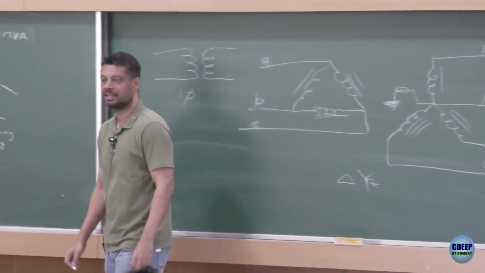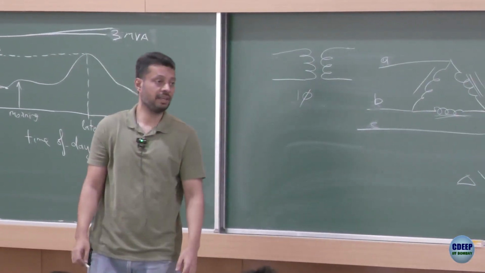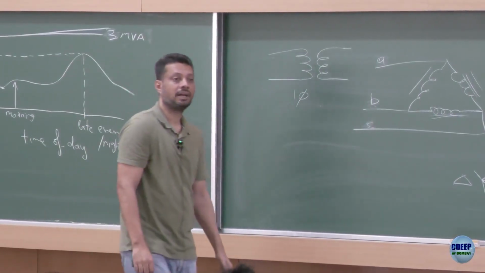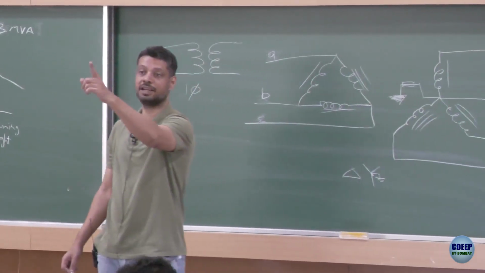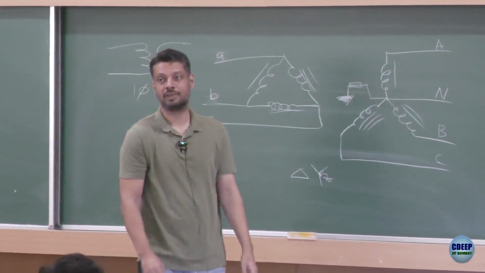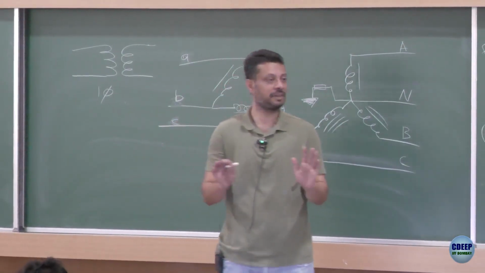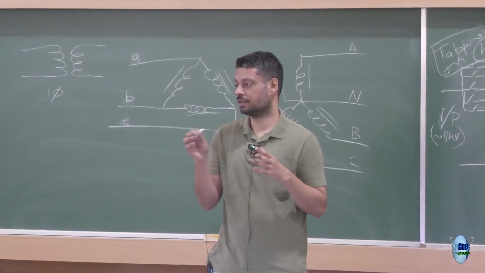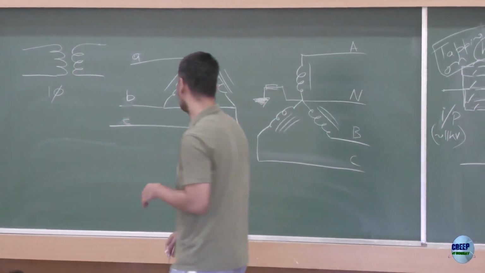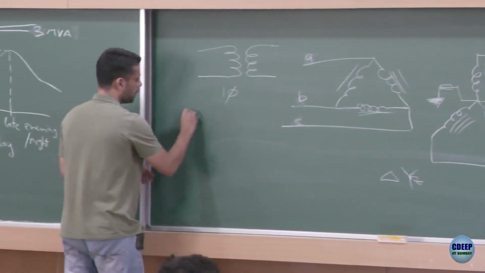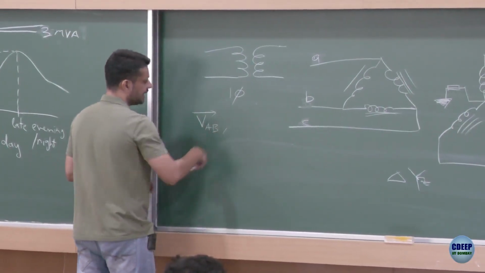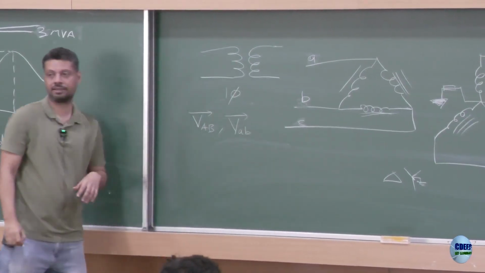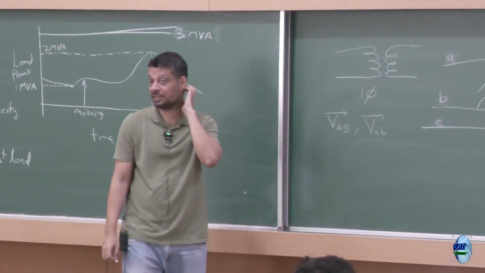If I draw the phasor diagram of a small Vab and a capital VAB, how would they look with respect to each other?